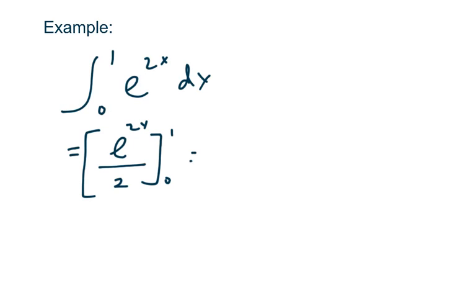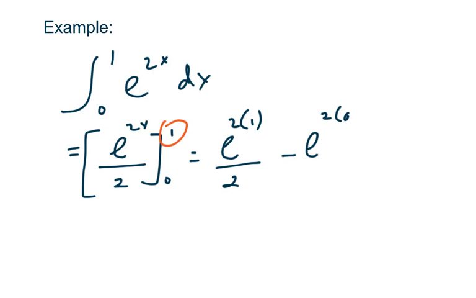The next step that you proceed is substitution of the limits into the equation. First, you substitute the upper limit. So, exponential of 2 multiplied by 1 divided by 2 minus exponential of 2 multiplied by 0 over 2.